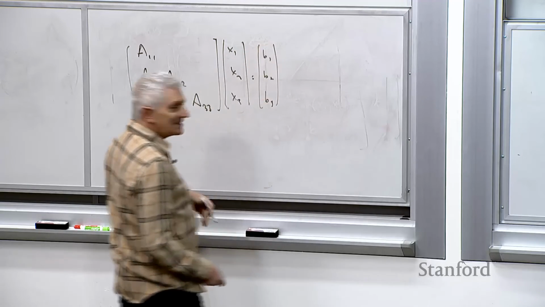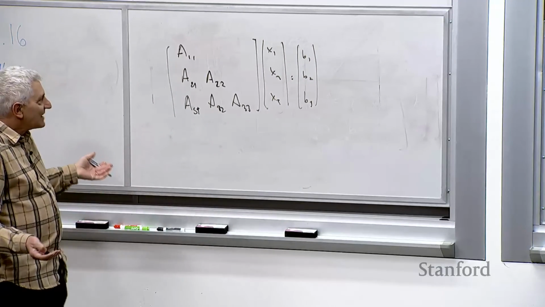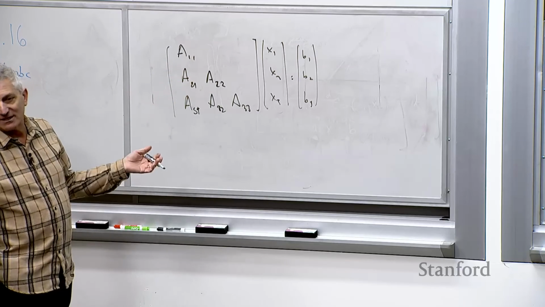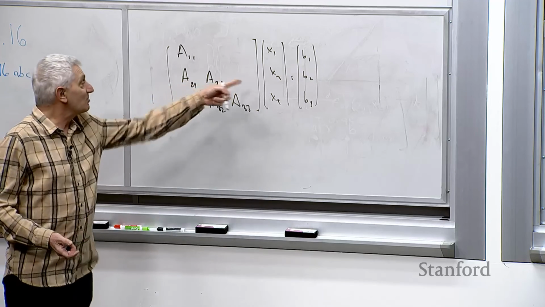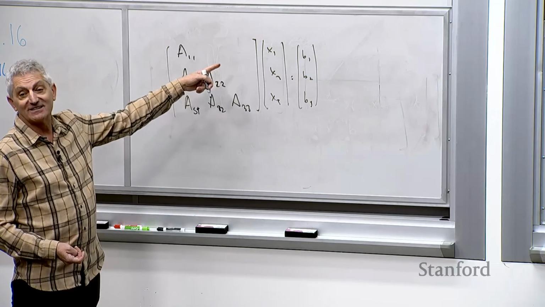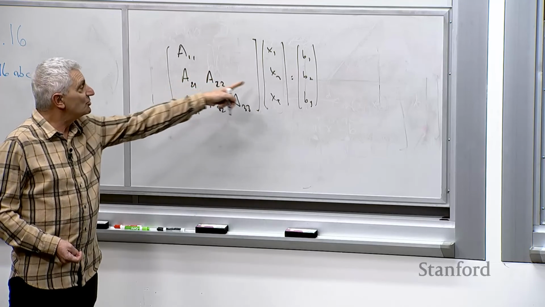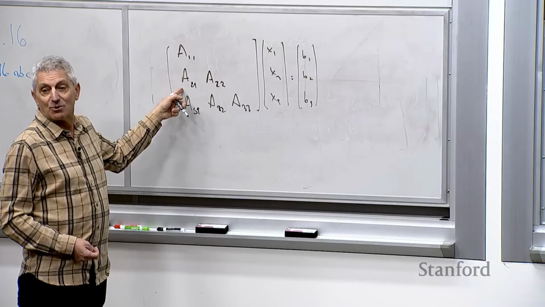You probably saw this even in high school, right? So how do you solve this? Well, look, the first equation is A11 X1 equals B1. So X1 is B1 over A11. Now you know X1. The second equation is A21 X1, but you already calculated that. So the second one is A22 X2 equals B2 minus A21 X1, which you already know.